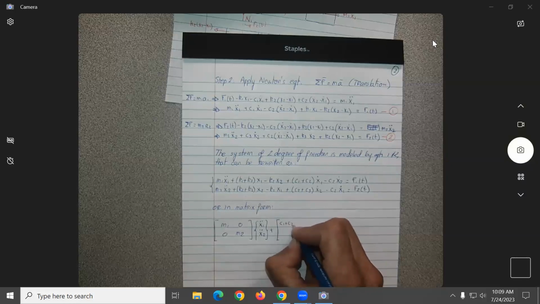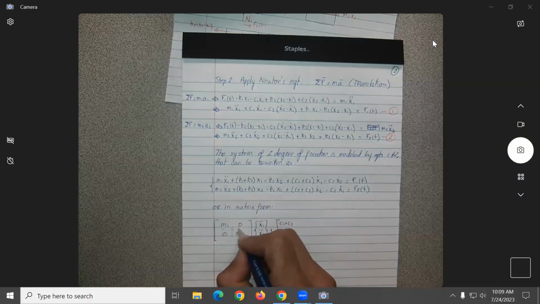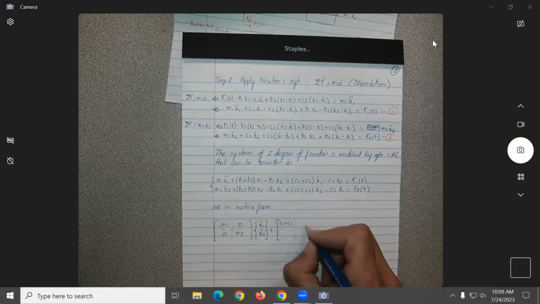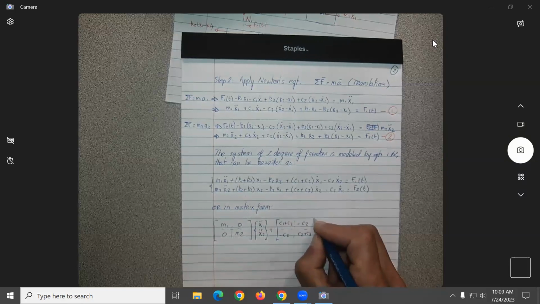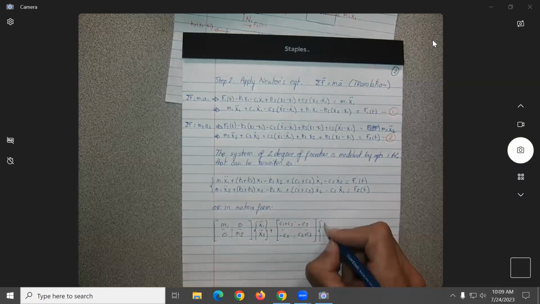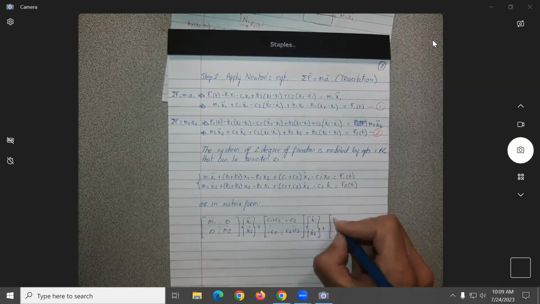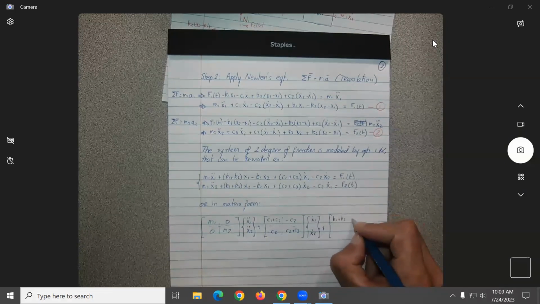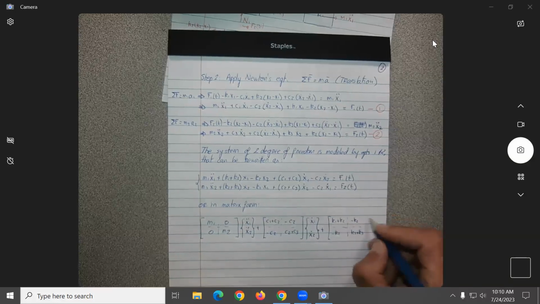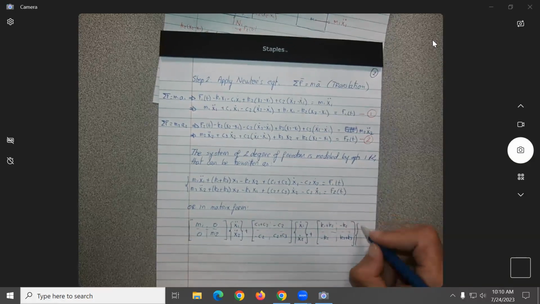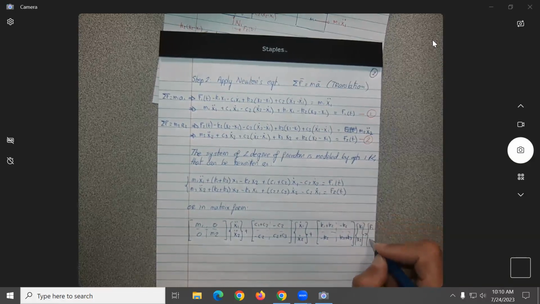Plus the matrix with C1 plus C2, minus C2, minus C2, C2 plus C3, times x dot 1, x dot 2, plus the matrix with K1 plus K2, minus K2, minus K2, K2 plus K3, times X1, X2, equal to F1, F2.